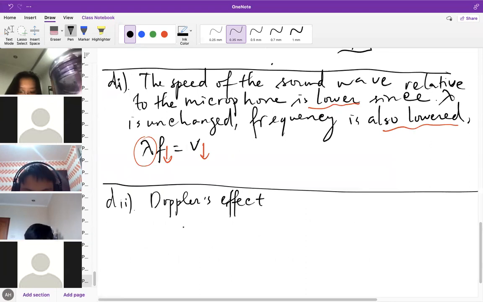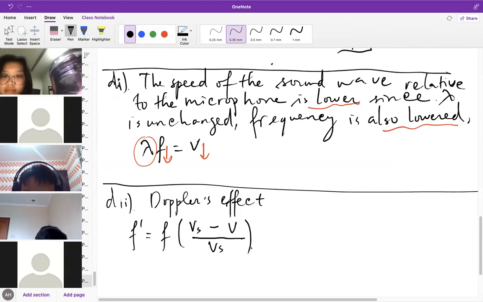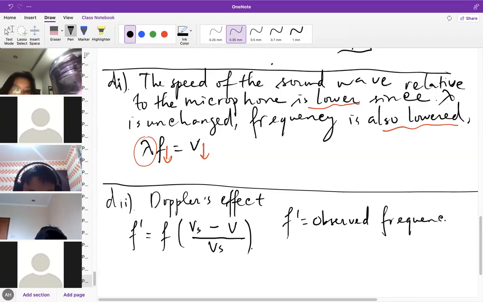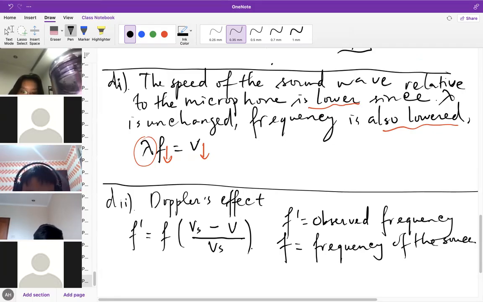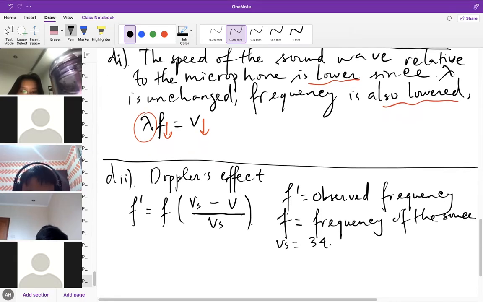So we need to use this formula of the Doppler effect: the observed frequency is equal to the original frequency times the speed of sound minus the speed of the object over the speed of sound. f observed is the observed frequency, f is the frequency of the source, and then vs is the speed of sound, 340 meters per second, and v is the one we are looking for.